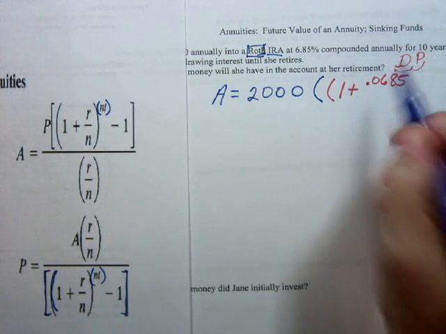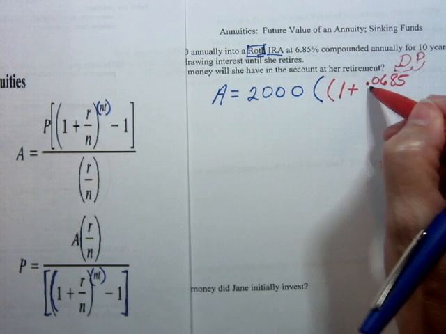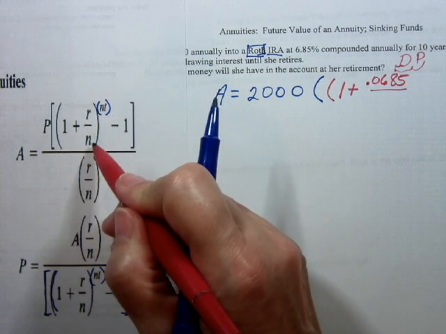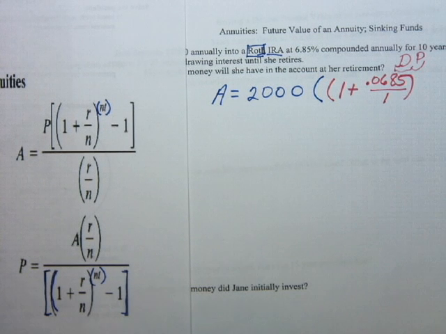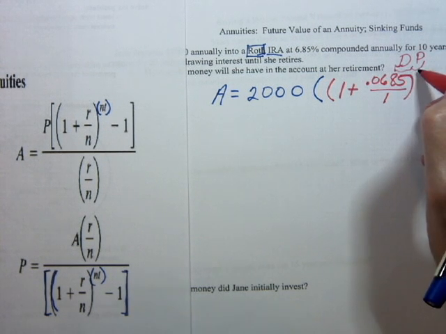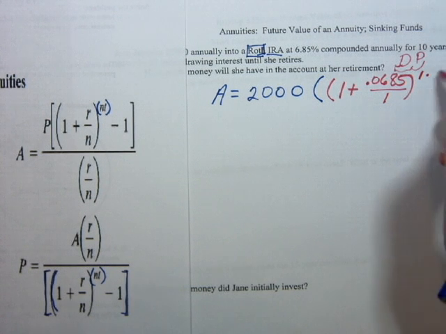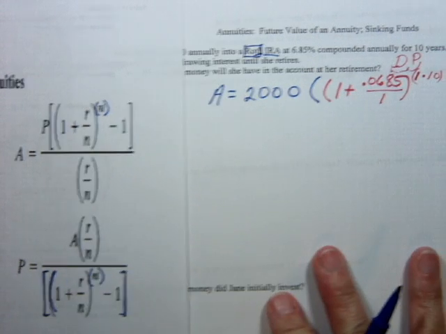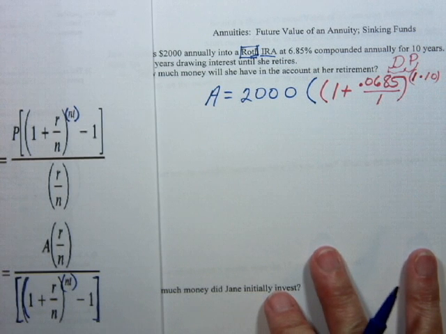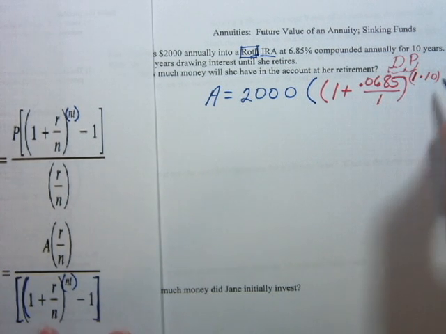She's doing this yearly, which means in my formula, N is 1, the number of times compounded per year, times the number of years. She does this for 10 years. Now notice I put the parentheses around that. It's very important. I need those parentheses. Minus 1. Notice my minus 1.